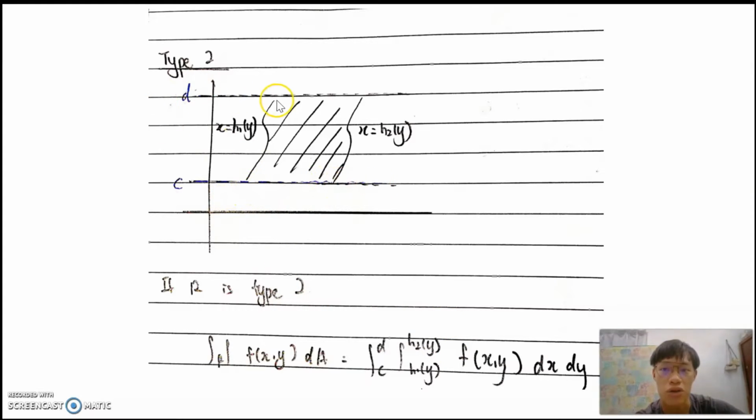In the y direction, obviously it is C to D. The constants are on the outside. As I said just now, the function is inside the integral and the constant is outside. Alright, now let's take a look at an example.